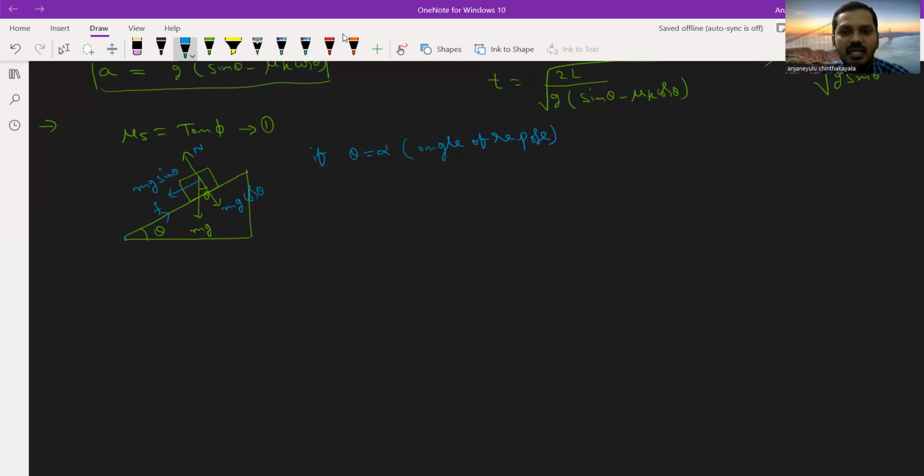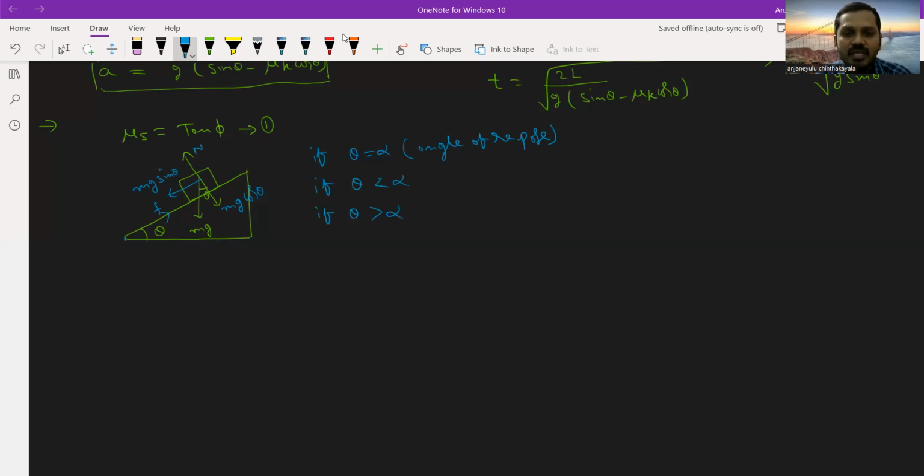It means when theta is equal to alpha, the block placed on the inclined surface is just ready to slide down. If theta is less than alpha, the block still rests on the inclined surface. If theta is greater than alpha, the block is in motion on the rough inclined surface. Block in motion means static frictional force converting into kinetic frictional force.